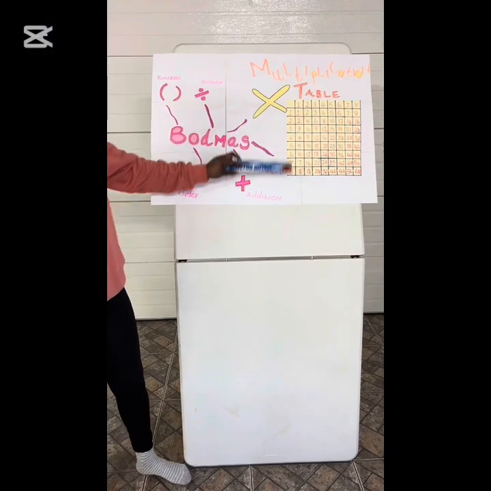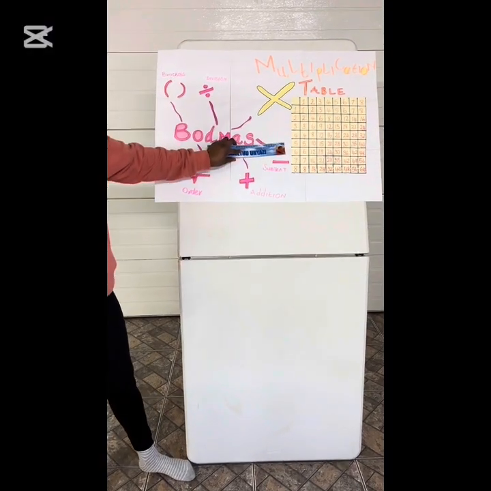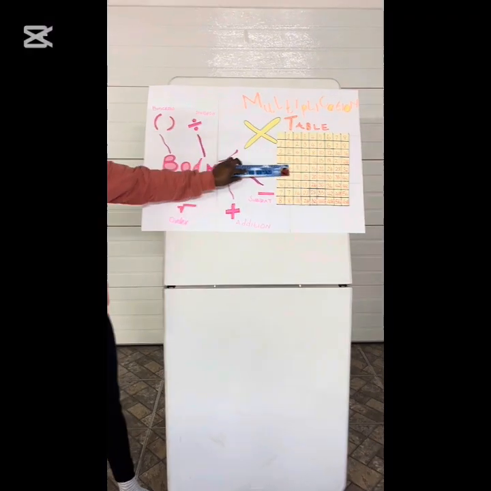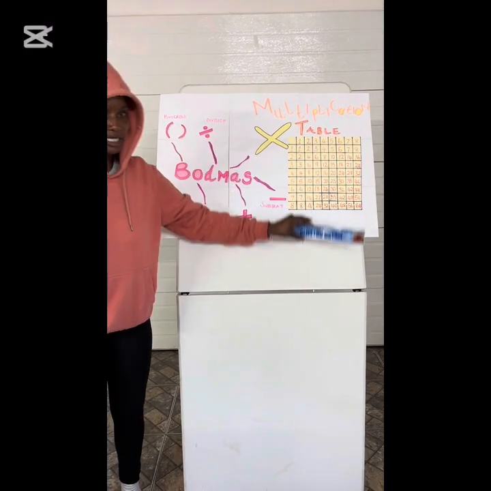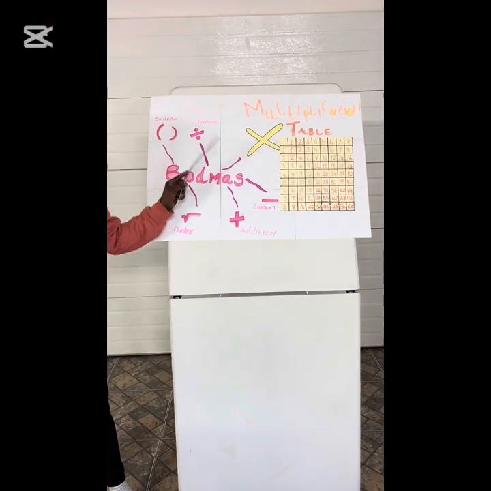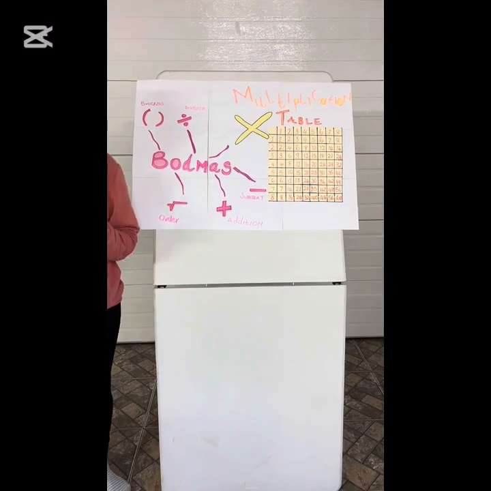For example, the square numbers, the squared numbers on the table below. This tool can be printed and displayed on the wall of a classroom instead of using a calculator.